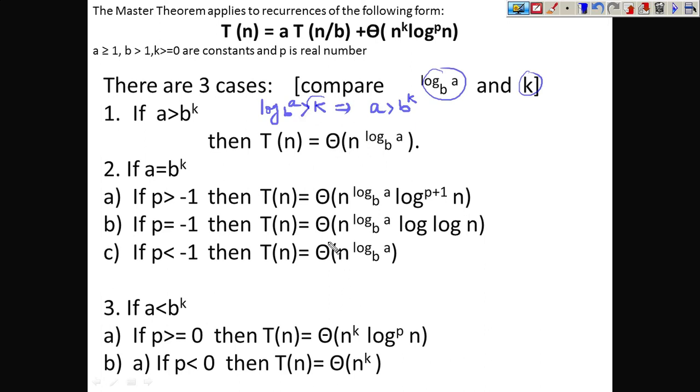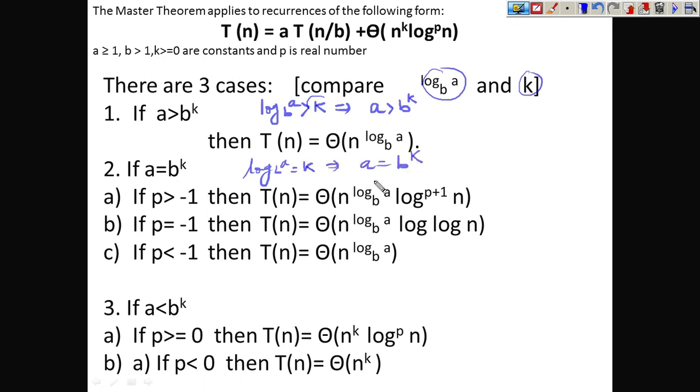Okay, so here you can see this is the third case where a is less than b power k. So here our answer is in terms of n power k, but here this is more, so we say our answer is n power log a base b. But when both are the same, when a equals b power k, when I say log a base b equals k, that means a equals b power k.